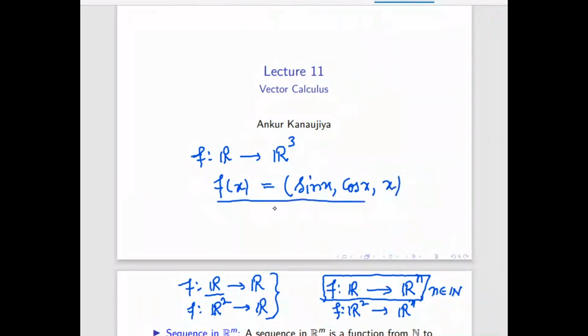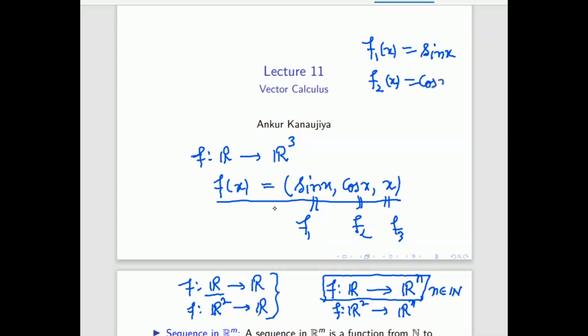Instead of considering this original function, if you consider these three different functions f1, f2 and f3, and you know how to deal with them, then you know how to deal with the original f. Here f1 is sin x, f2 is cos x and f3 is x.